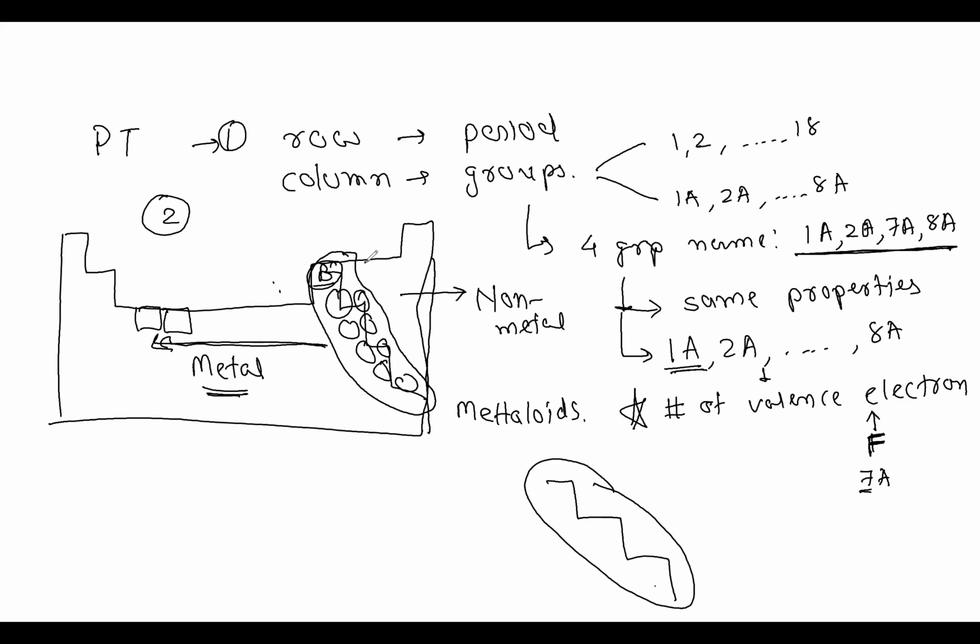Every box on the right side of this section is called a non-metal element. But there is an exception. The exception is hydrogen. The first element, H, even though it is present on the left side of the metalloids in the periodic table, is considered a non-metal element. So that's what you have to remember.